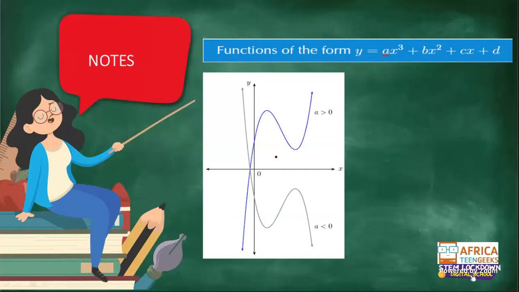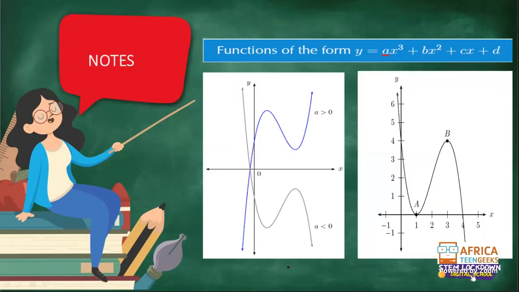Another thing that you should note is that with regards to our cubic functions, our turning points we also name stationary points.